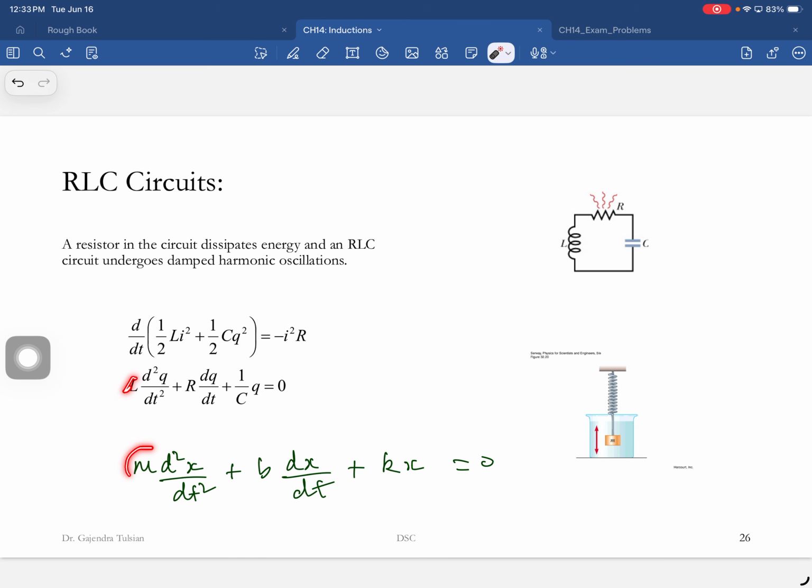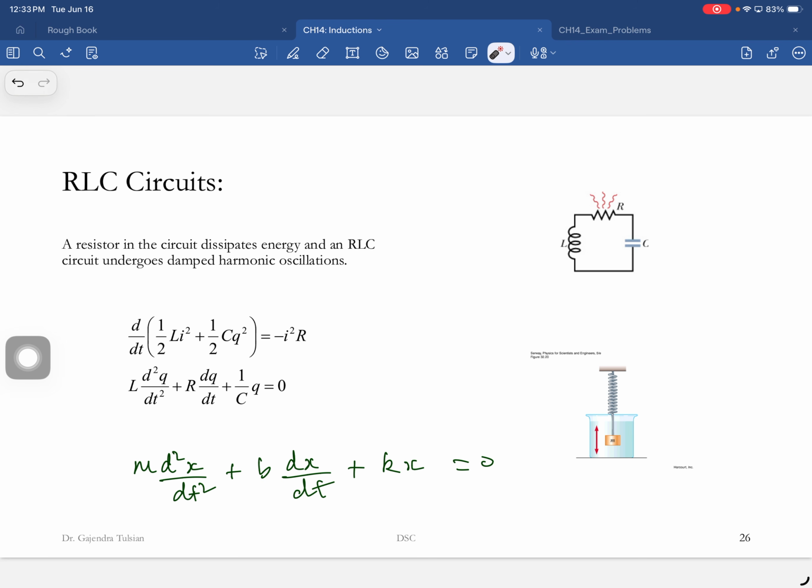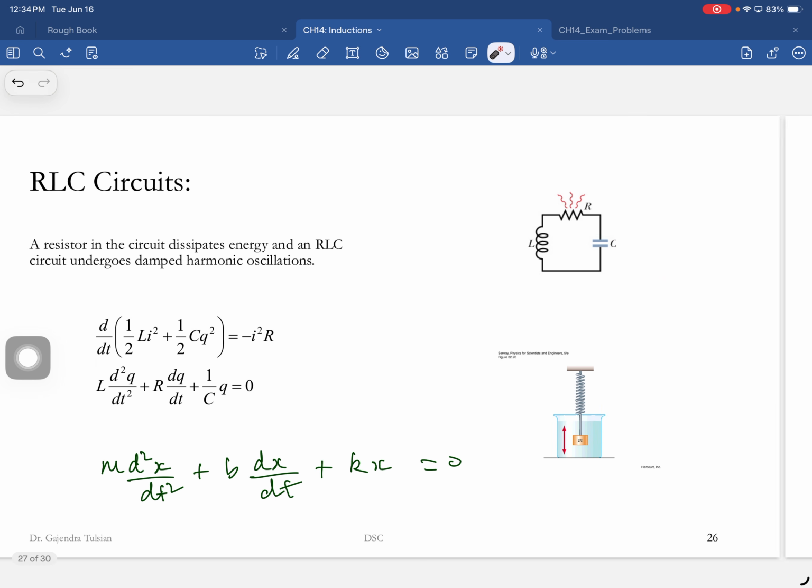L plays the role of mass, and 1 over C plays the role of the spring constant. So this system and this system are governed by the same differential equation. That's why you learn differential equations. The same equation applies to so many different systems. You would never have thought that these two systems were cousins, right? And they are first cousins.